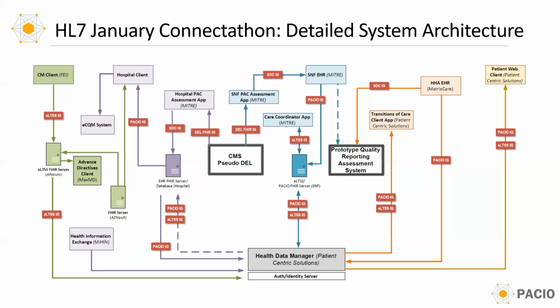No matter where the patient goes in their journey, that information is available. So we don't have point-to-point conversations or transitions between providers. Everybody ties into a single health data manager in this case. There are advantages and disadvantages to each type of architecture, but those are the ways that, at least for this architecture, I could see it working.